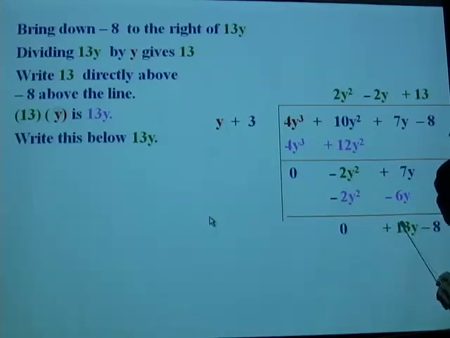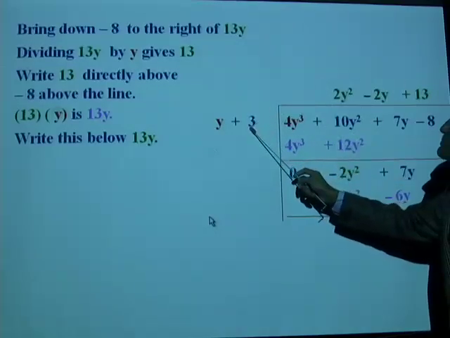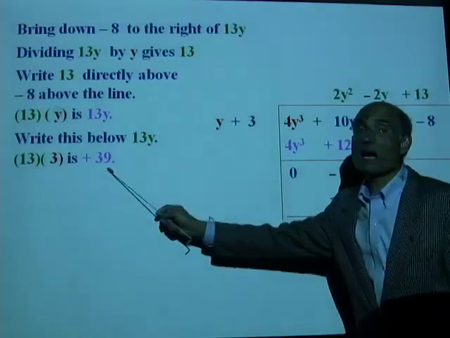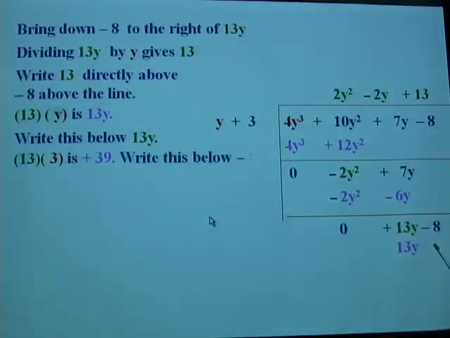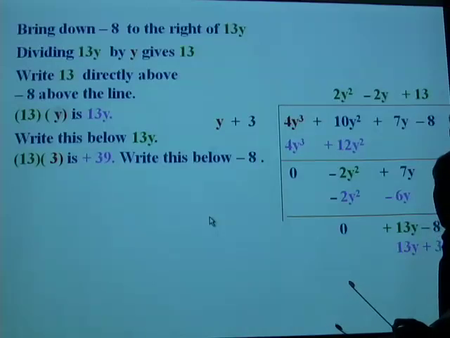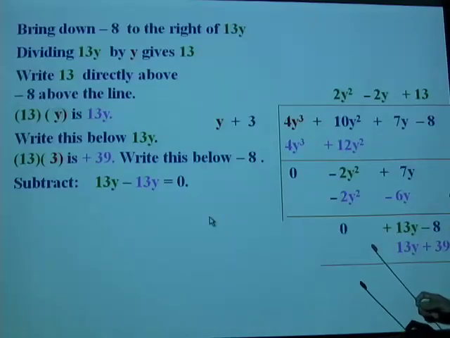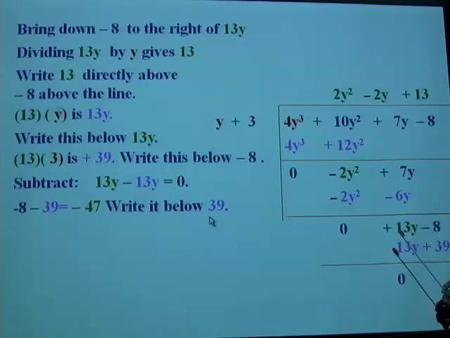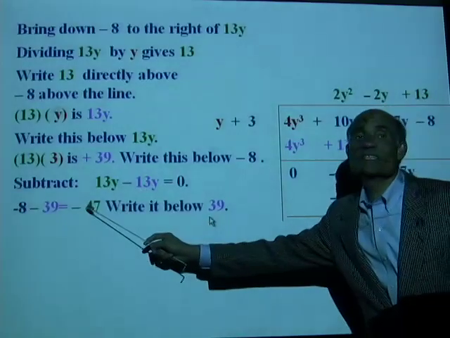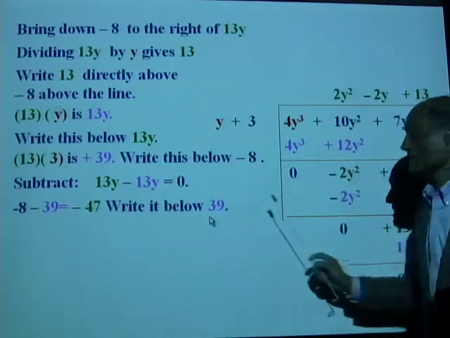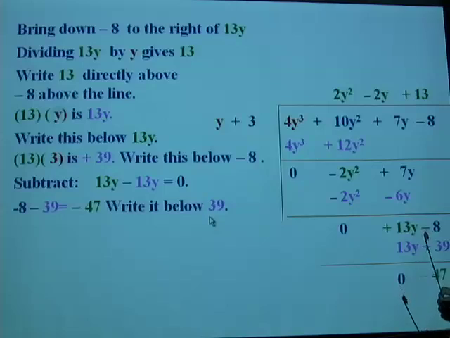Write it below the 13y. 13 times 3 is 39, and write it below negative 8. And what's the next step? Subtract. Alright, 13y minus 13y is 0, and negative 8 minus 39 is negative 47 and write it below the 39.